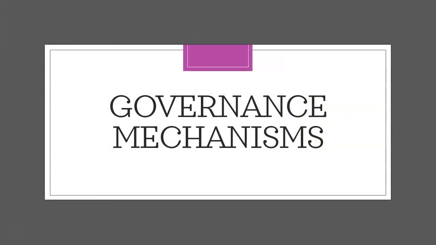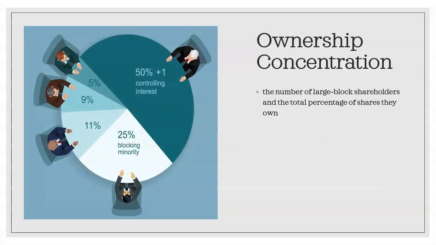So let us now look at the governance mechanisms that are actually used by firms. First, we have ownership concentration. This is the number of large block shareholders and the total percentage of shares that they own. In businesses that are publicly traded on the stock market, hundreds of thousands or even millions of persons have shares in a company.